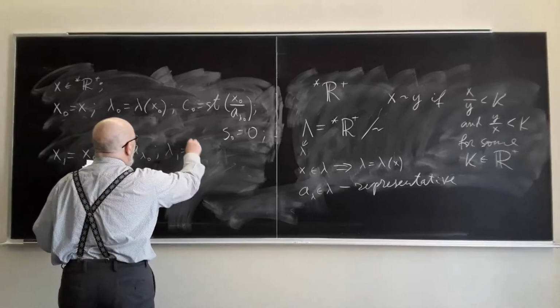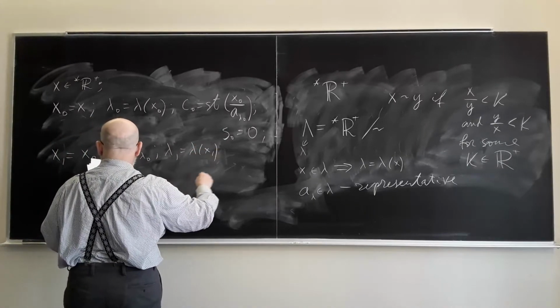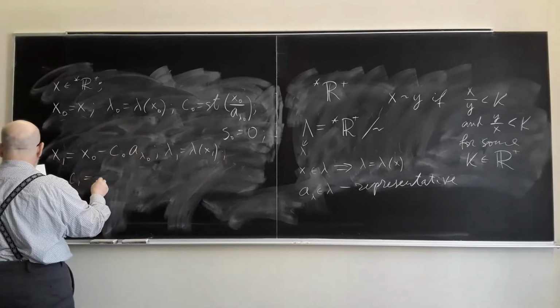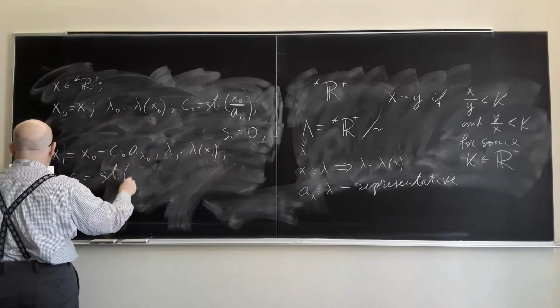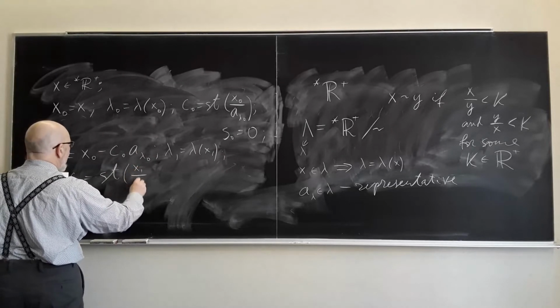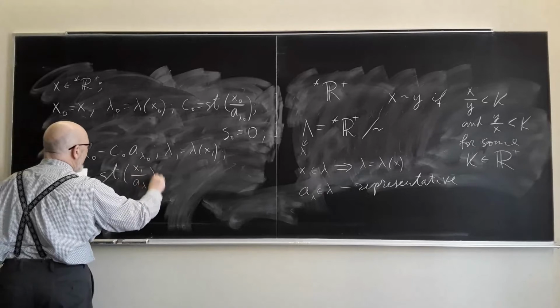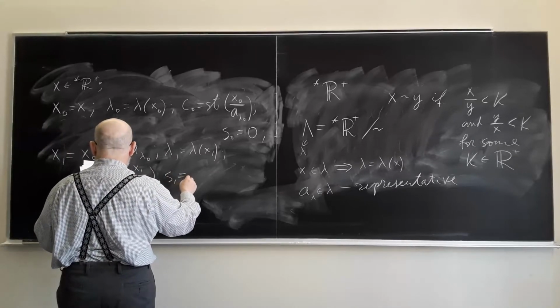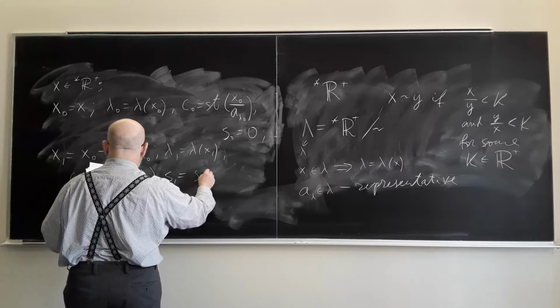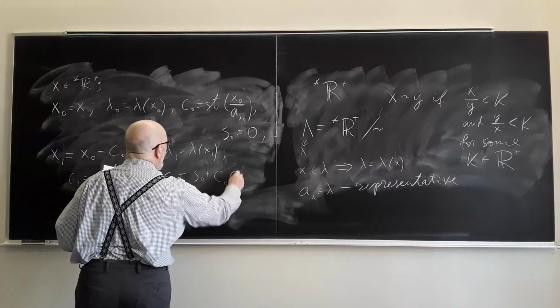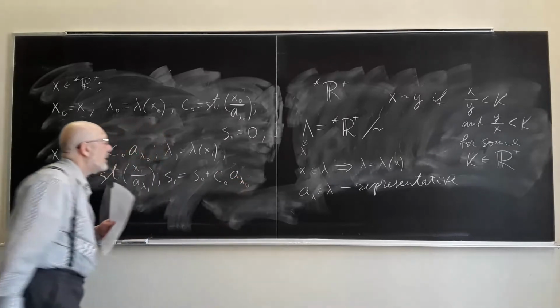Lambda 1 is lambda of x1. c1 equals the standard part of x1 divided by a lambda 1 again, and s1 equals s0 plus c0 a lambda 0.